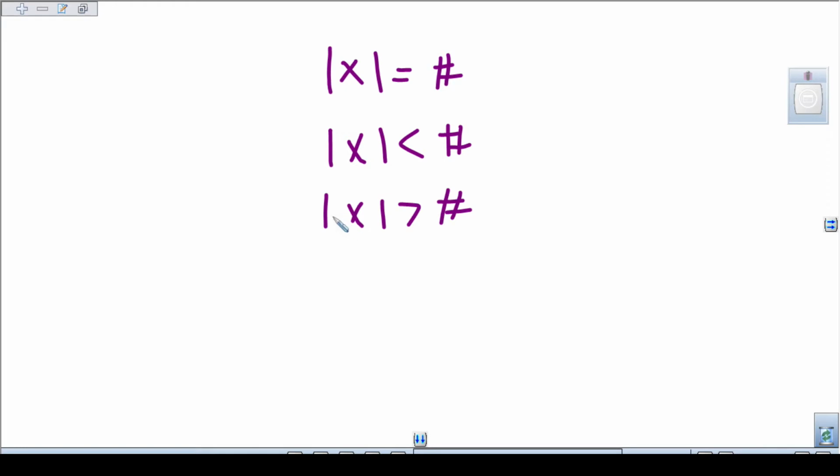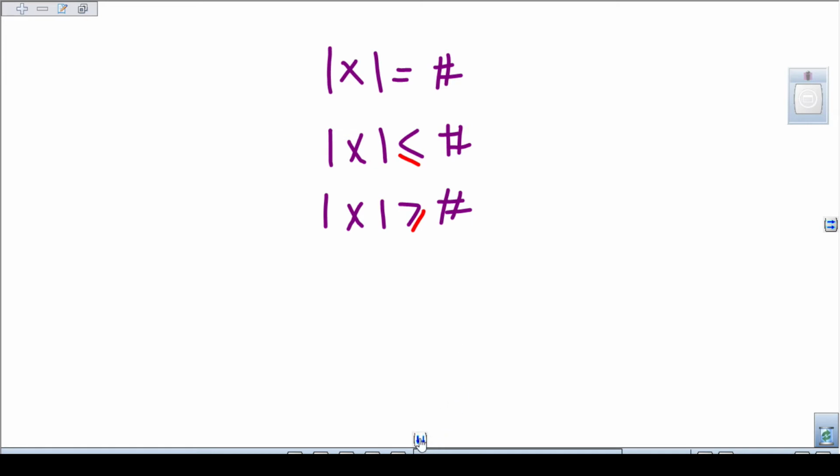All these are different cases for the absolute value. They're not the same. By the way, when I say greater than, this could also mean greater than or equal to, or less than or equal to. Keep that in mind. So we're talking about 3 different scenarios for the absolute value.